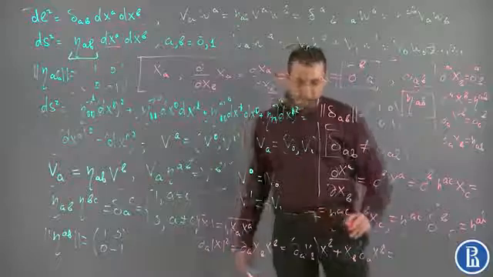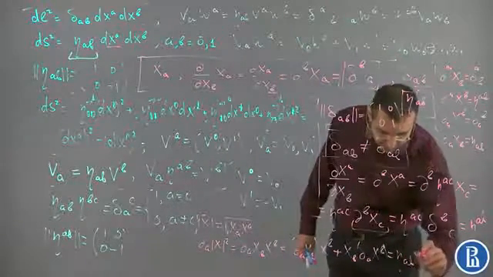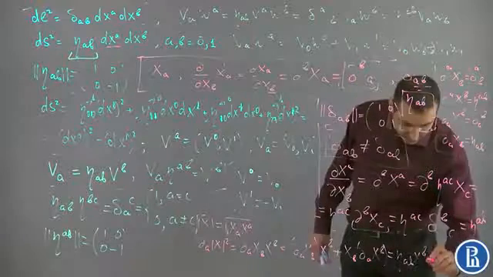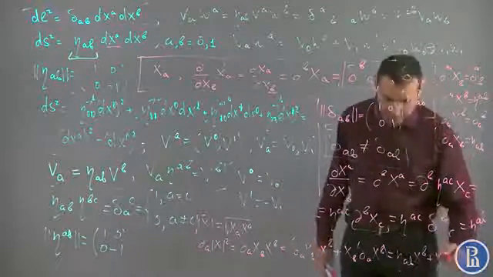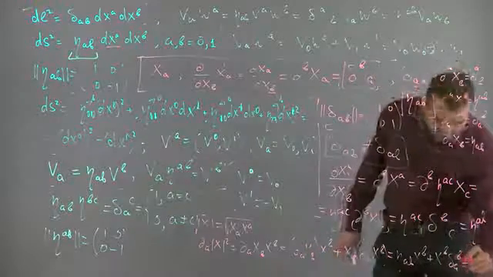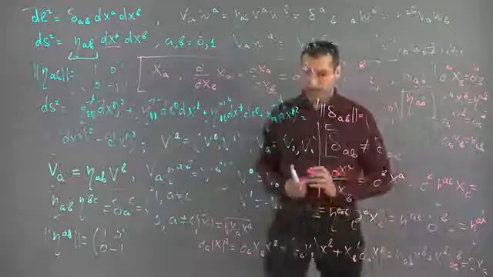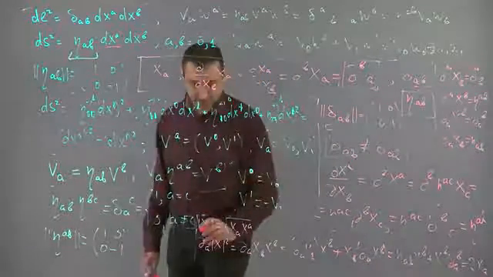What do we have? This is eta AB times XB plus XB times delta AB. Well, this is 2XA. Well, this is a simple exercise.